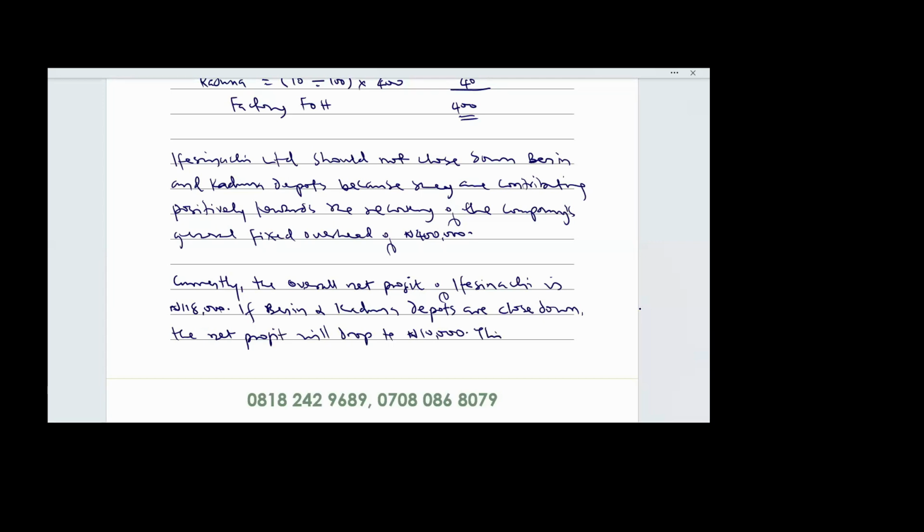This means that the reduction in profits of 118,000 minus 10,000, that's 108.